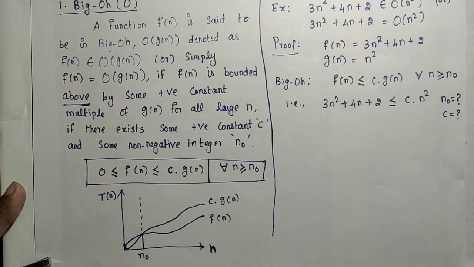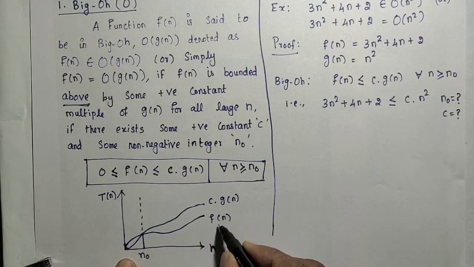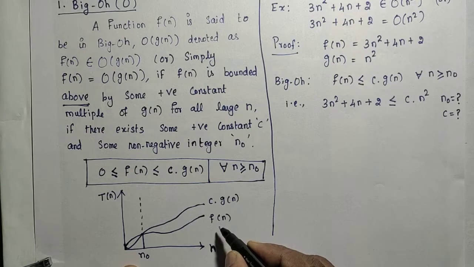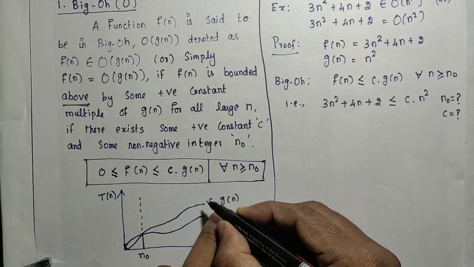For example, the rate of growth of function f of n is like this. This curve represents the rate of growth of f of n, and this is the rate of growth of g of n multiplied by some constant.